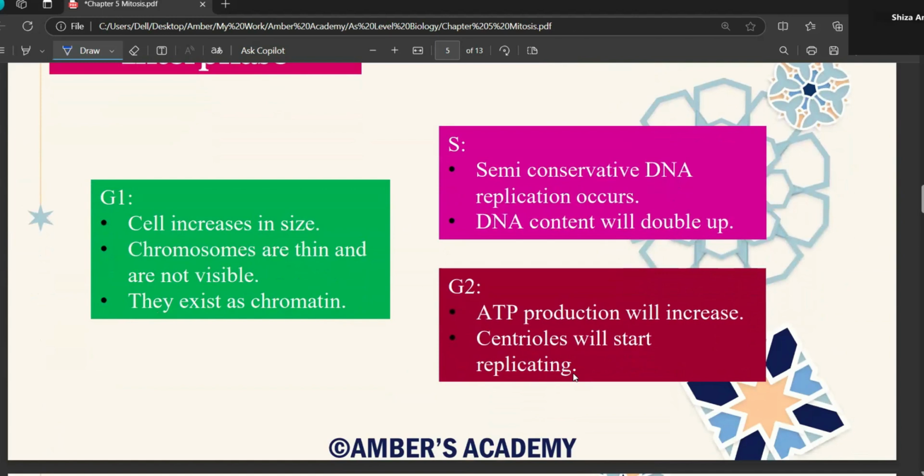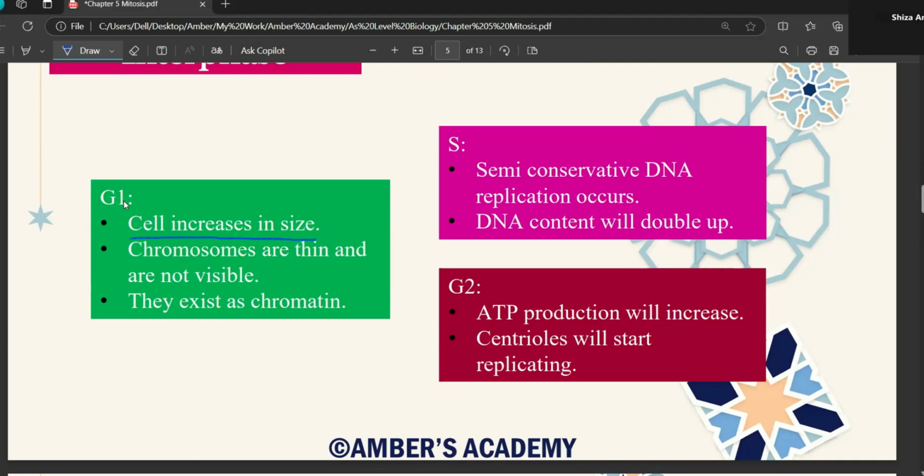Interphase is the preparatory phase, a phase which occurs before the actual event, that is mitosis, in which your cell prepares itself for mitosis. And how is a cell supposed to prepare itself? It does so by increasing in size, and your cell increases in size during the G1 phase.